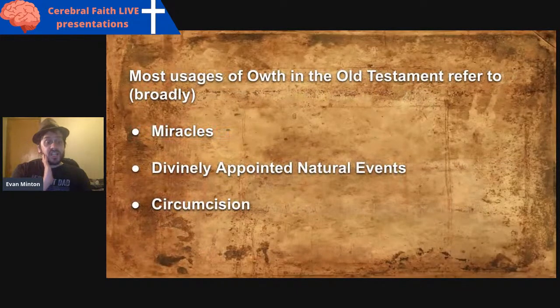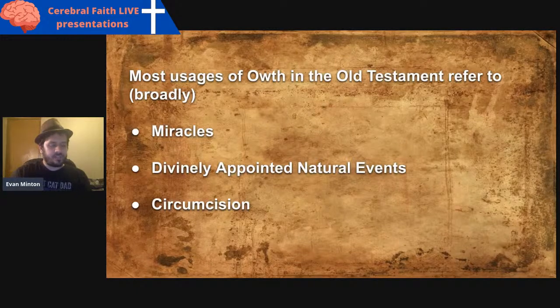In my word study, I have found that most usages of oath in the Old Testament refer broadly to things in these three categories: miracles, divinely appointed natural events, and circumcision. I never find it used of angelic beings.